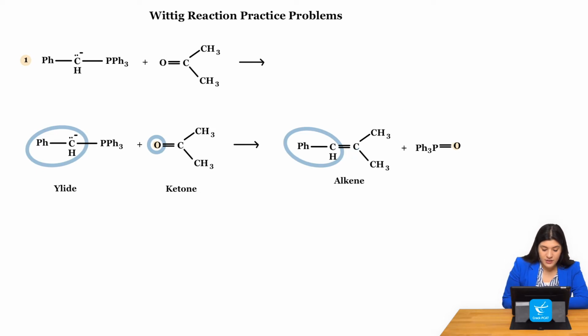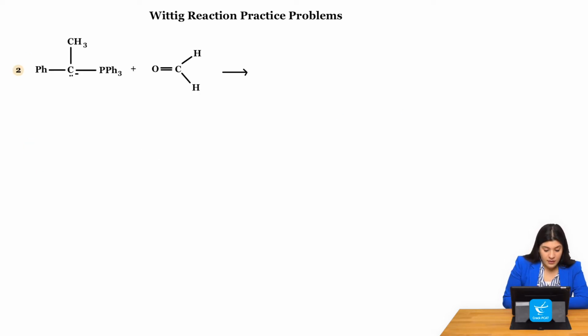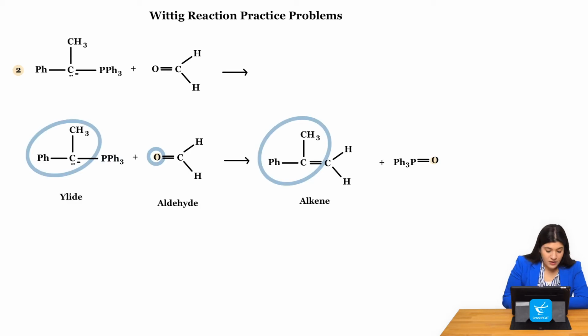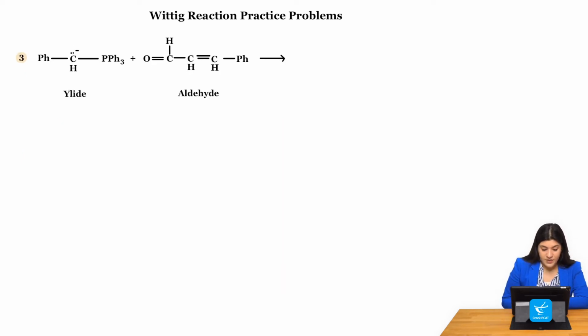So that would be it. So these 2 are essentially just swapping places. Same thing goes for number 2. So I'm going to replace this oxygen with this group, and that's now going to be my new alkene. And oxygen is now going to be double bonded to this phosphorus. So these should be pretty quick, pretty simple to just smush them together and see.